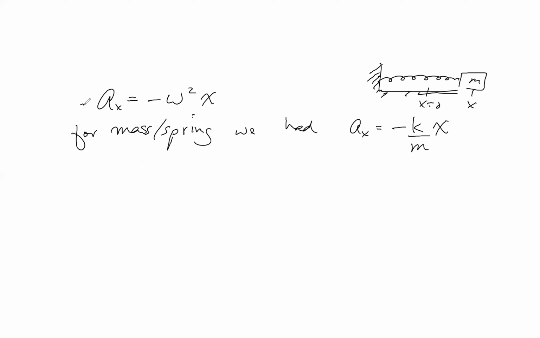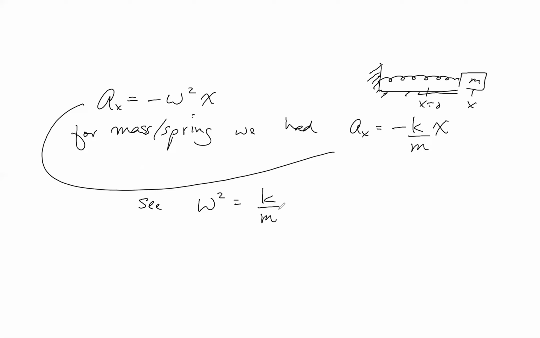When I compare these two equations, I see that omega squared is equal to k over m. Now remember what omega is. Omega is the angular frequency, but that's related to the frequency and the period. This expression allows us to write omega equals the square root of k over m, which is an important equation for us.